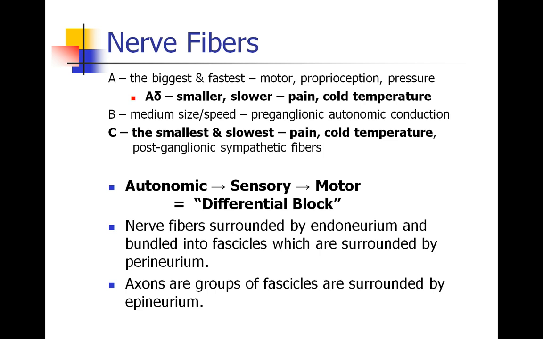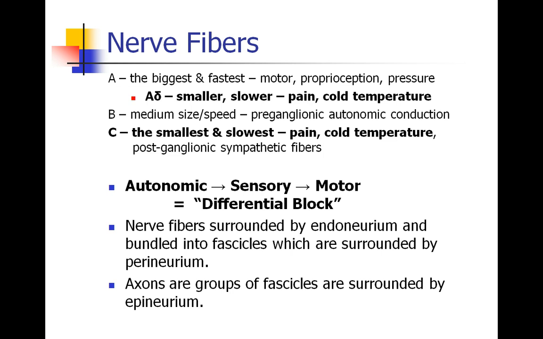Then we have our medium-sized fibers, our B fibers, and they're typically involved in the autonomic nervous system, preganglionic conduction. And finally the C fibers, which are the smallest and actually the slowest fibers, and they transmit pain and cold temperature and also some sympathetic fibers.